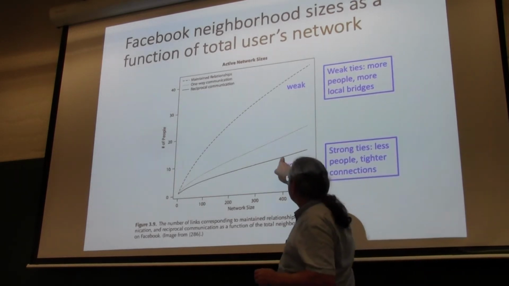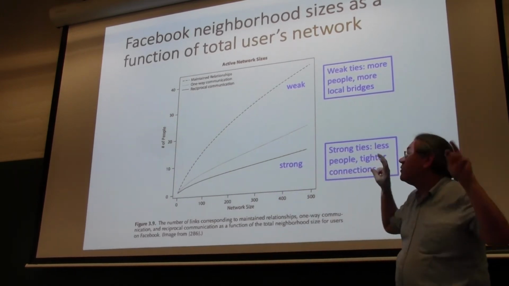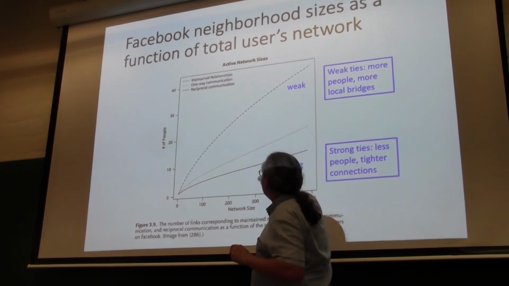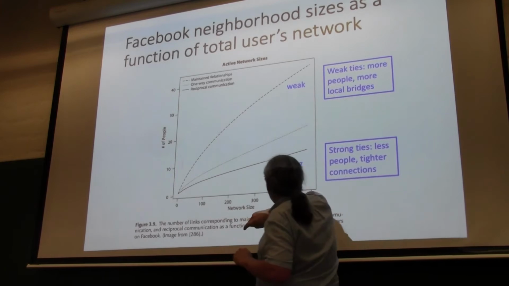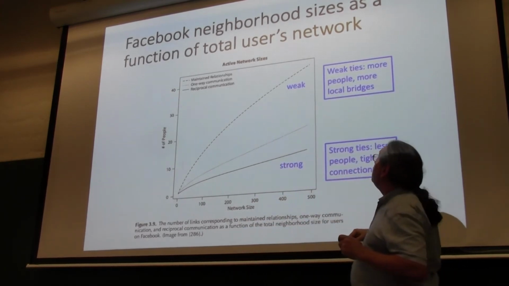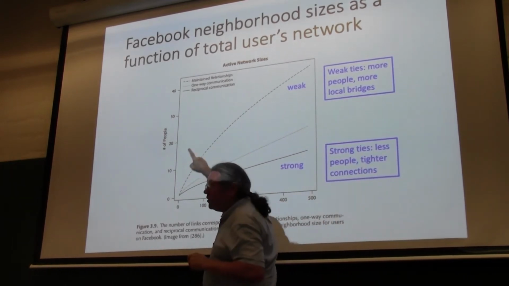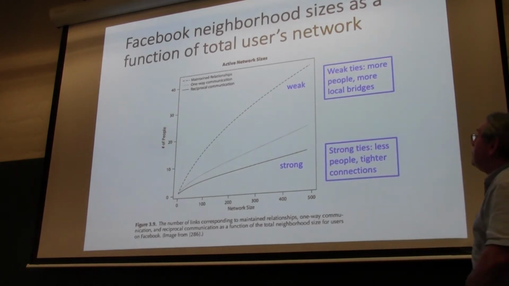Here the solid line is the mutual communication. Here it's called reciprocal. This is where they talk to each other. So you see there are not so many. As the network gets bigger, you have a little bit more, but there are not so many. Whereas the weak ones, where you sometimes look at the page but no communication, there are many more.